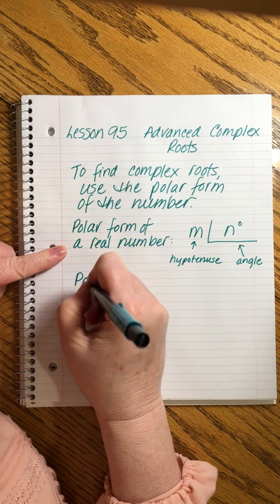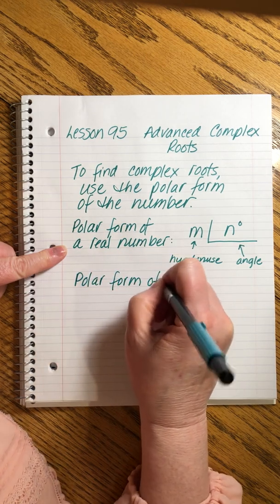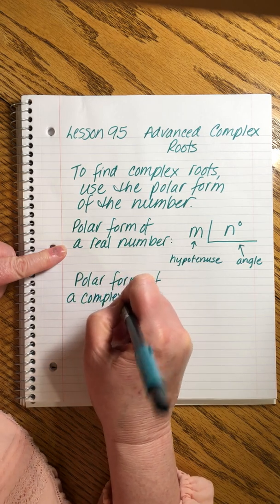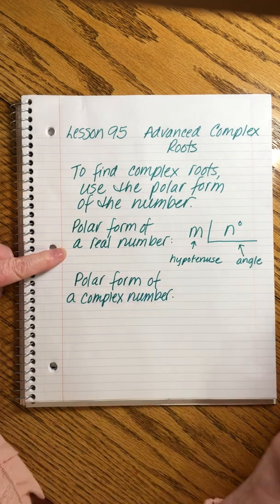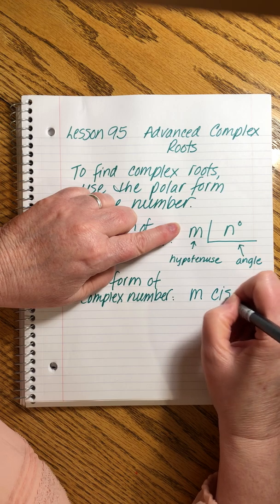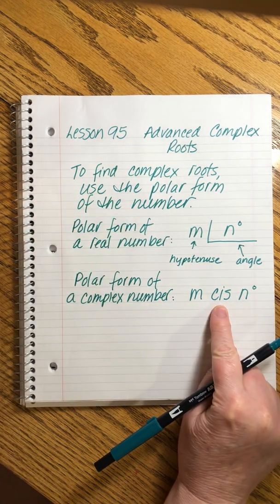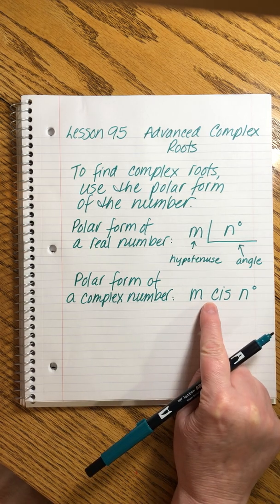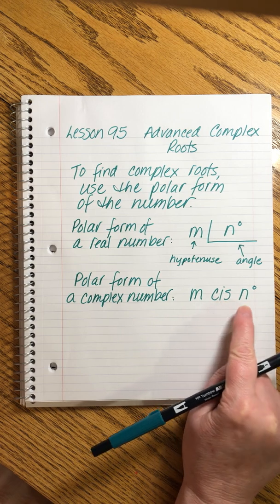When we're doing polar form of a complex number, we write it slightly differently. We use this cis thing, remember, which stands for m times the cosine of the angle plus i times the sine of the angle.